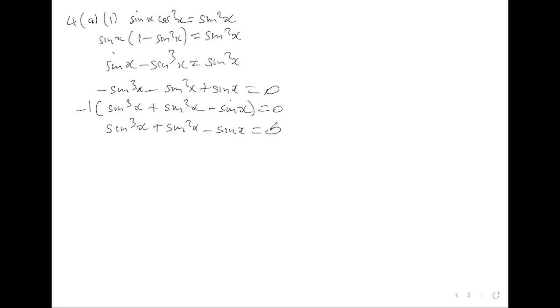So we can factor out sine x so that we have sine x, sine squared x plus sine x minus 1. Why have you taken the negative 1? I've divided by negative 1 on both sides.